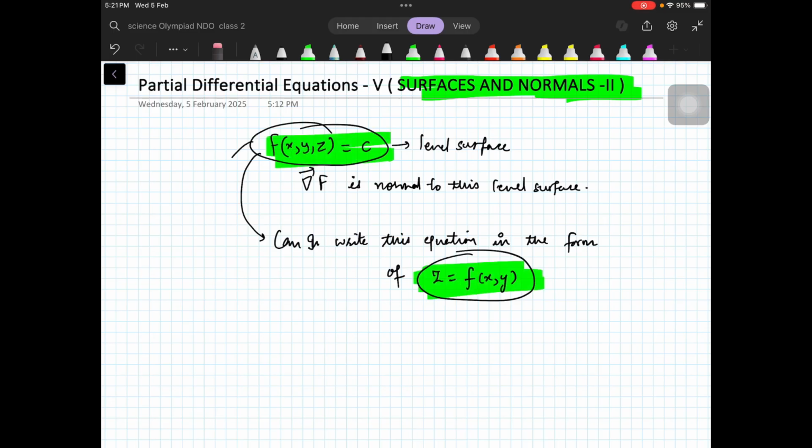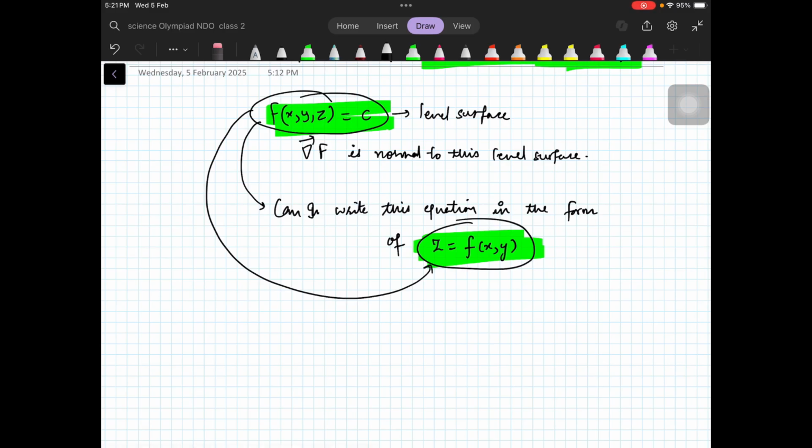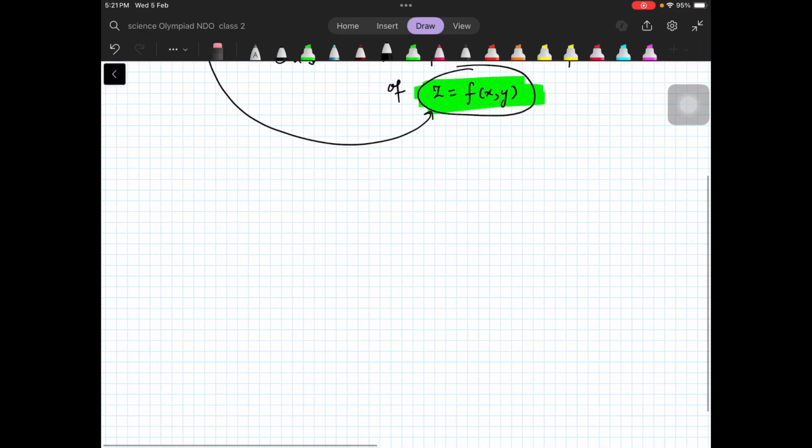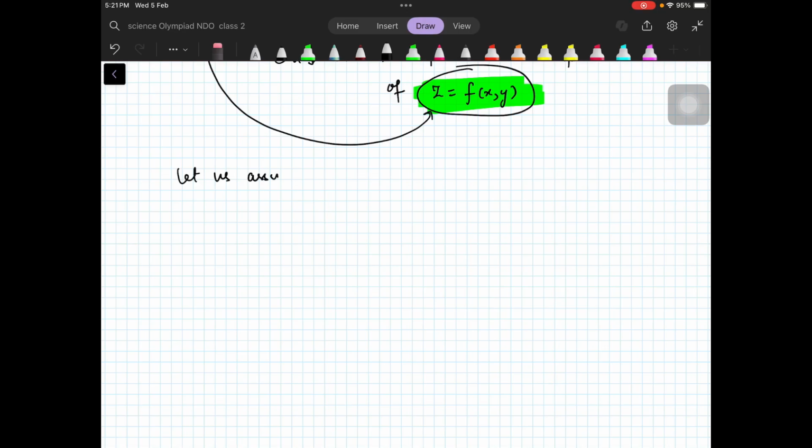So in doing so we are going to utilize our inverse function theorem, which we defined in the fourth video. So we say, let us assume that we are in this x, y, z space, right?